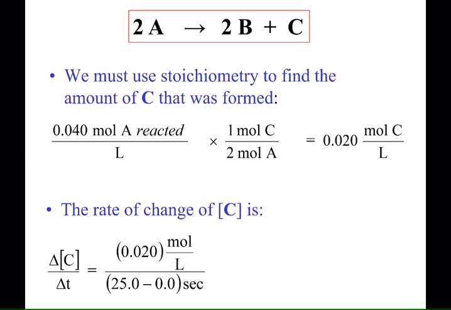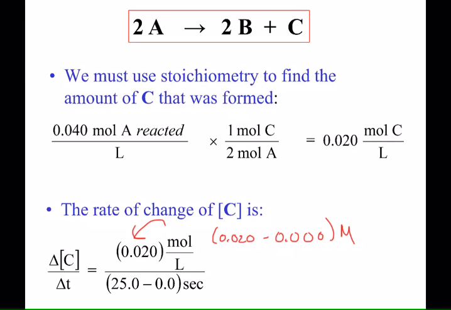Now here's where I think I got a little sloppy in my notes. The numerator should have said final minus initial: quantity 0.020 minus 0.000 moles per liter.